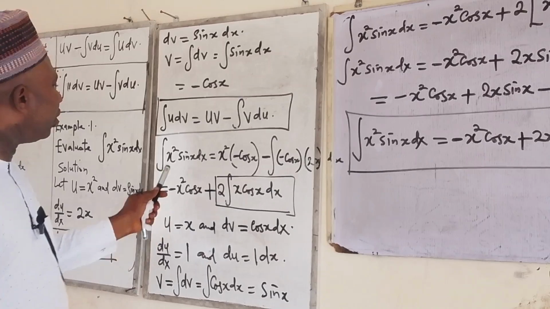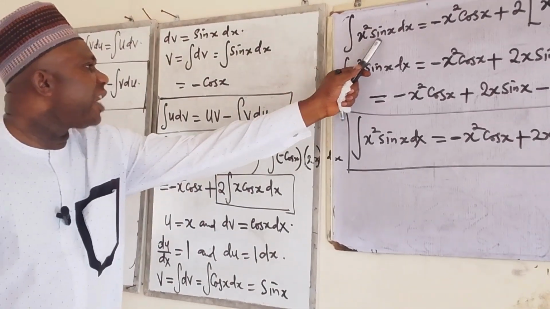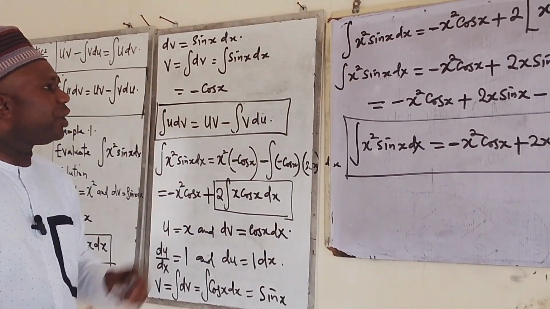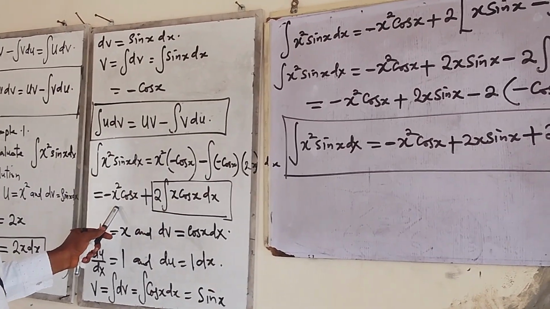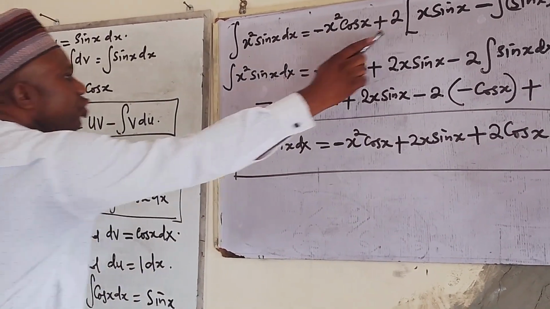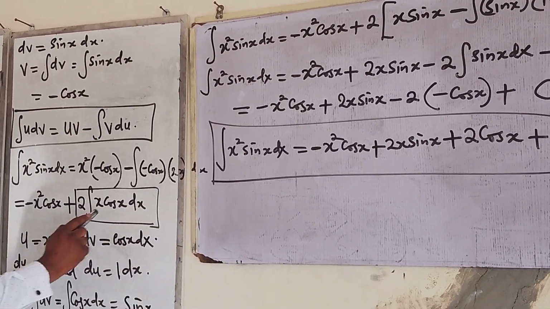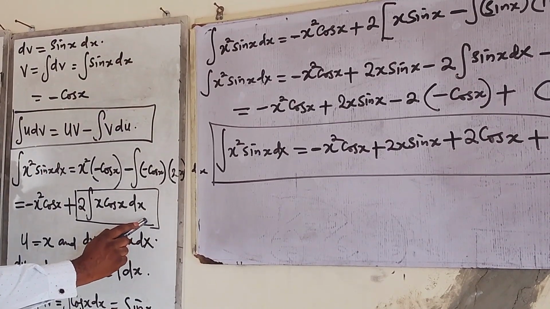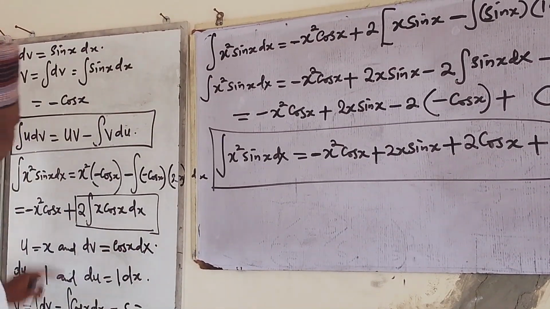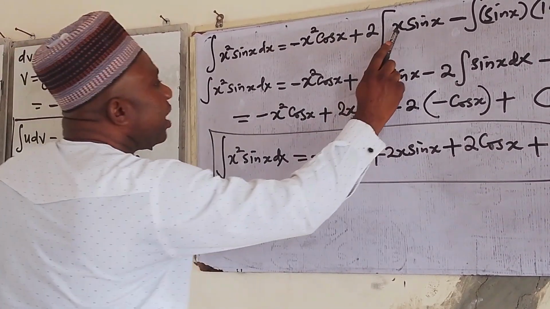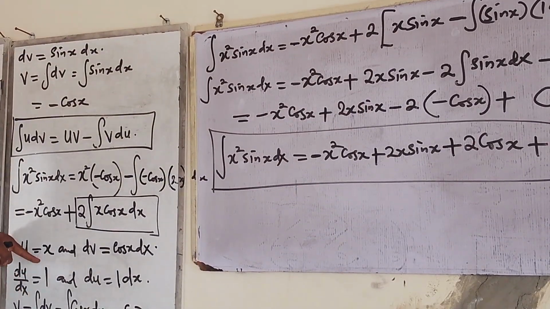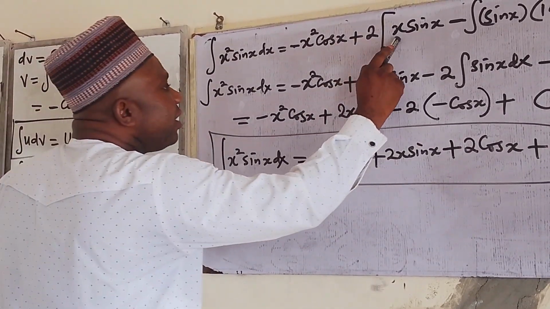So it means the whole of this, the integral of x squared sine x dx, will be equal to what we had before, plus this 2. Now we are repeating this again. So we have uv. Remember our new u is x and our v is sine x. So we have x sine x.